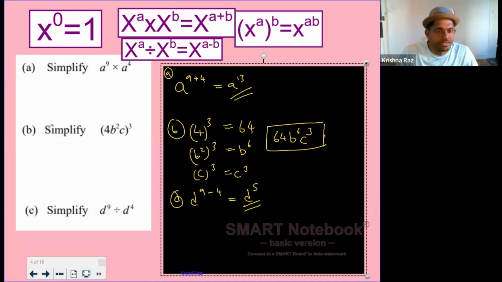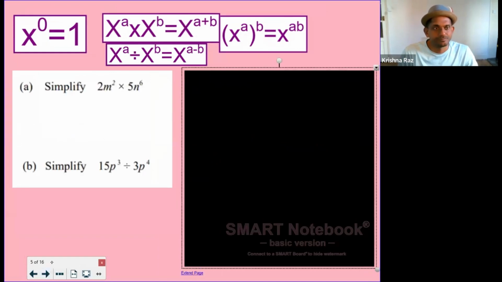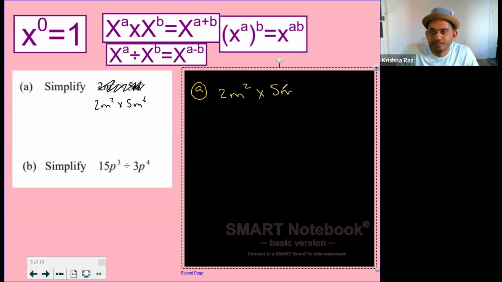So hopefully you're getting more confident. So we've got some involving numbers now. So I'm going to adjust that because I'm pretty sure that's supposed to be an m. Let's just rewrite that question. There you go. So we have 2m squared times 5m to the power of 6.